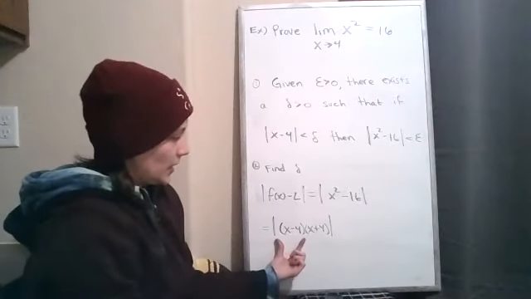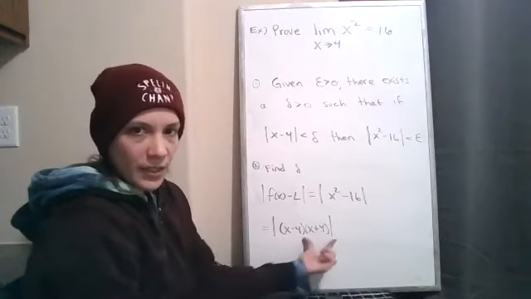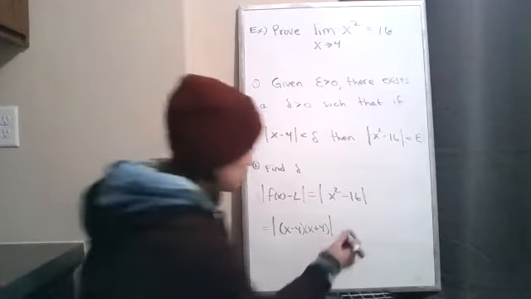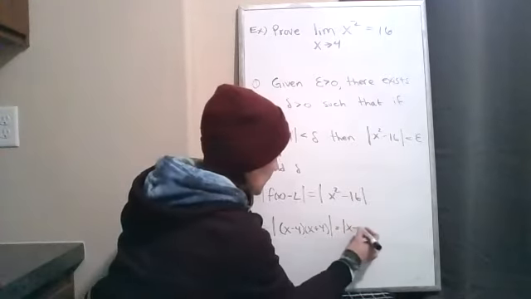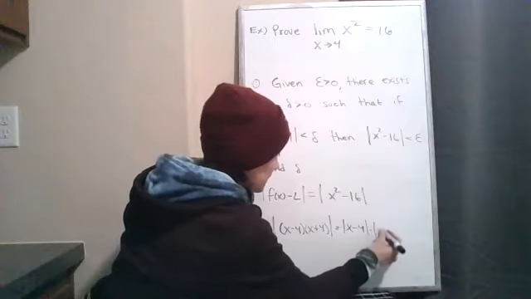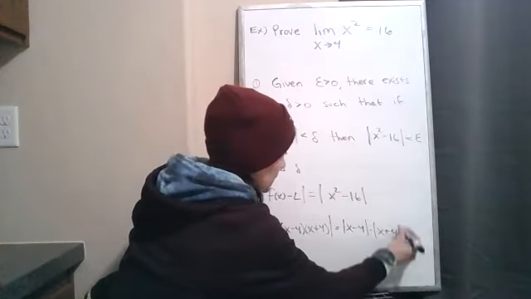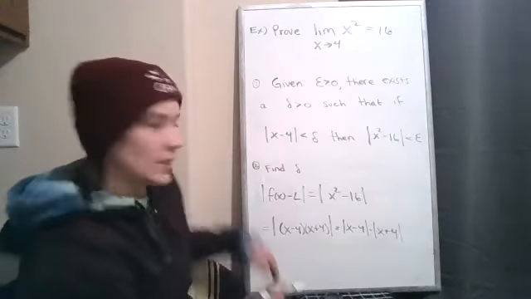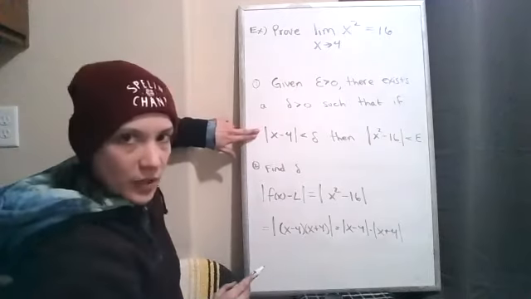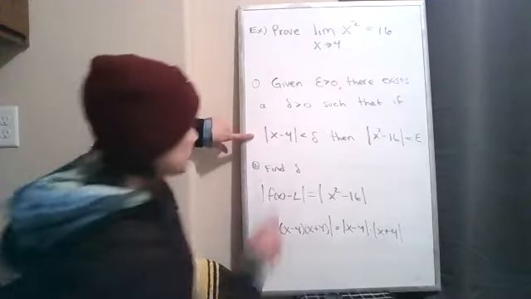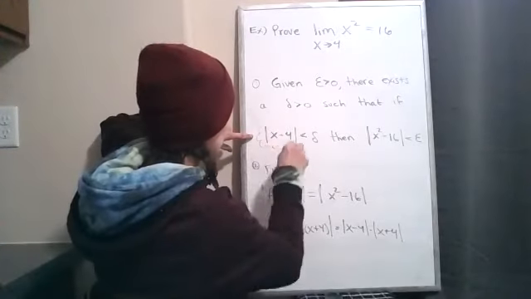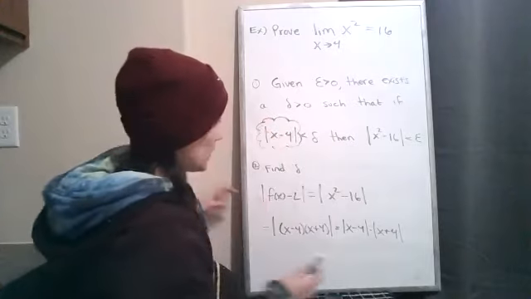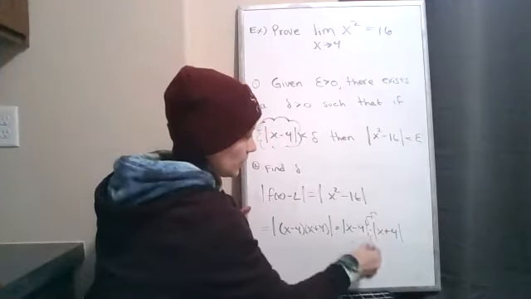Okay, I'm going to write this as the absolute value of x minus 4 times the absolute value of x plus 4. And pause really fast and look up here where you've got absolute value of x minus 4 less than delta. So we're trying to work with this part.